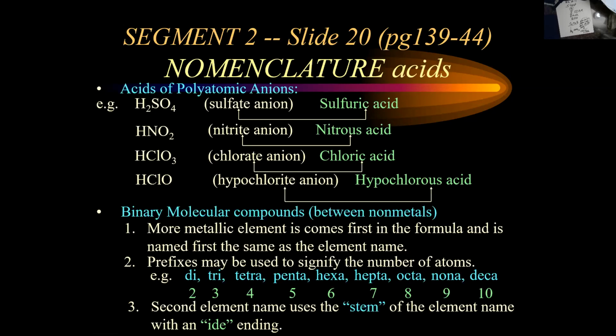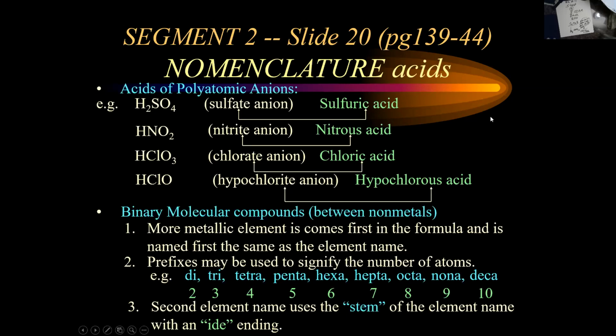But whenever you've got mono with oxygen, you don't want to put the two O's together. So instead of saying mono-oxide, we just say carbon monoxide, so that it sounds better, I guess. Okay, so the first element is named as the element, carbon, and the second element uses the stem part and the IDE in the naming.